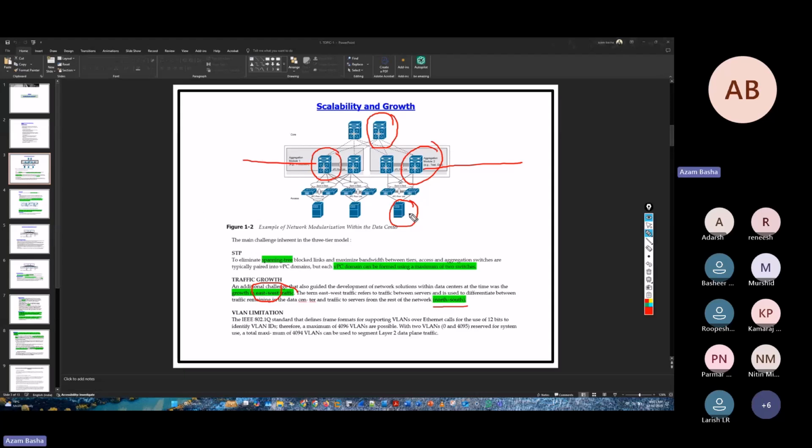When you increase your endpoints, you eventually have to increase your L2, L3 switches also. So when there is an increase in traffic, complications will start coming in. What kind of complications? VLAN limitation.